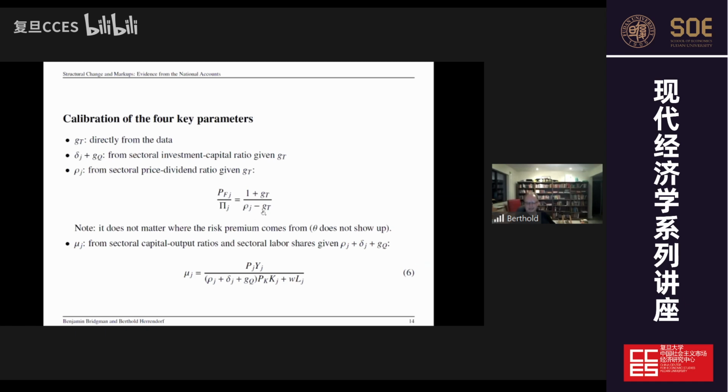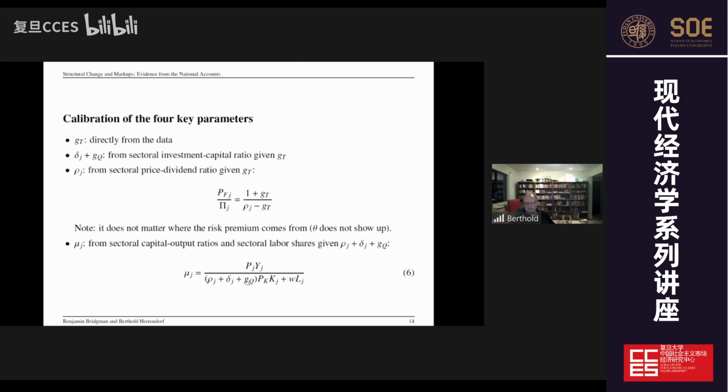And once you know that, you are in business, because what are markups? Take the total revenue in a sector and divide it. Sorry, this is value added. The total value added in a sector divided by the payments to capital and labor. Labor we see, WL.